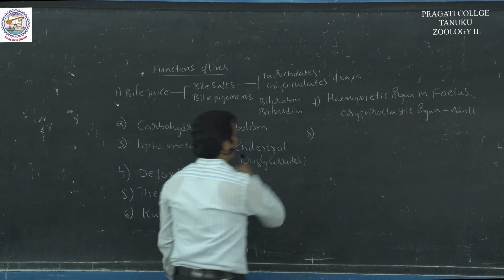Now we are going to learn about the histology of the alimentary canal. Starting from the esophagus to the rectum, the wall of the alimentary canal possesses the following layers: serosa, muscularis externa, submucosa, and mucosa.